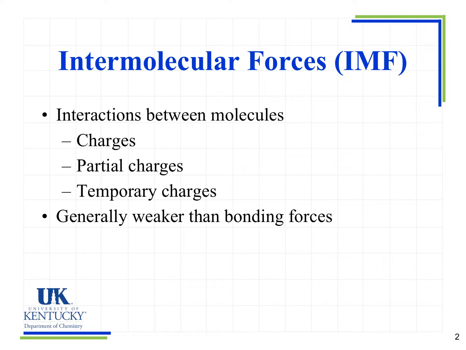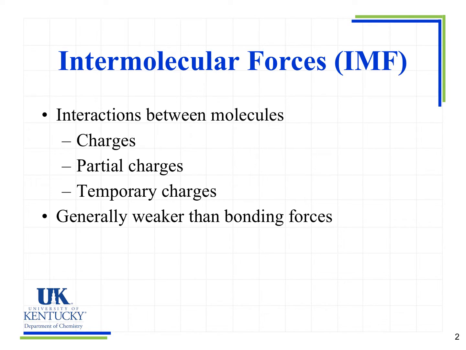So intramolecular forces would be bonds between atoms. Intermolecular forces are between separate molecules of a substance. And what we get is interactions happening between these molecules that then affect their properties. So this is how the polarity of a molecule and the geometry of a molecule affect different properties of a substance.